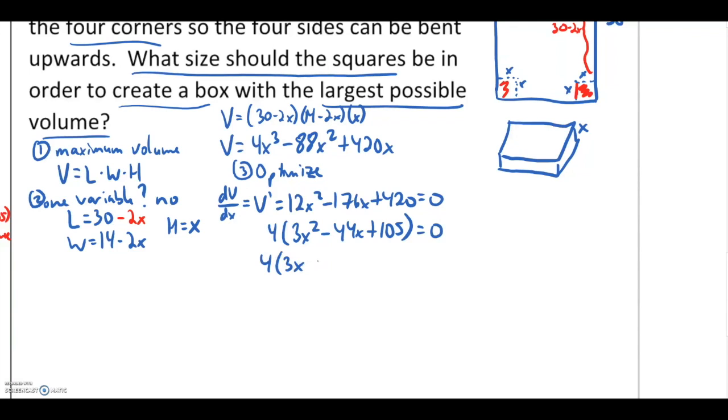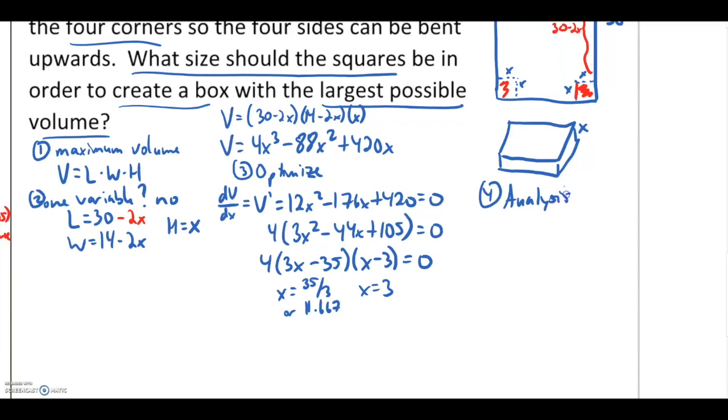This will become 3x minus 35 times x minus 3. We've got to be comfortable on our factoring skills. And setting each of those equal to 0, the first one would be at 35 over 3, or 11.667. And the second would be at x equals 3. And we can jump into our analysis.